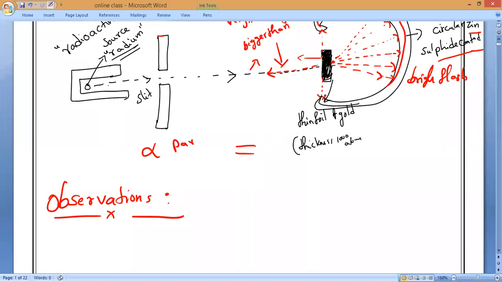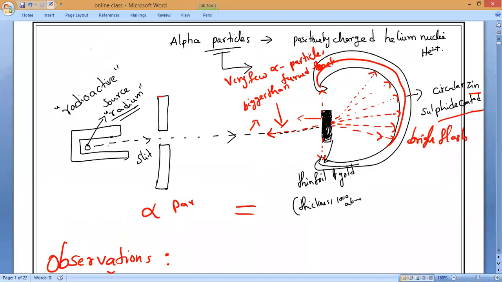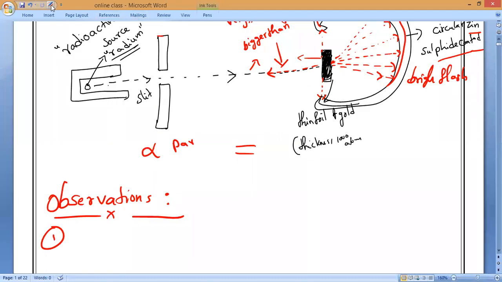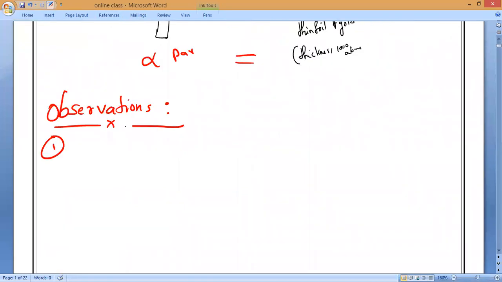What are these observations? First, you can notice in the picture also, most of the alpha particles, are they deflecting or passing through the gold foil? Passing through the gold foil. That is the first observation he noticed. Write it.